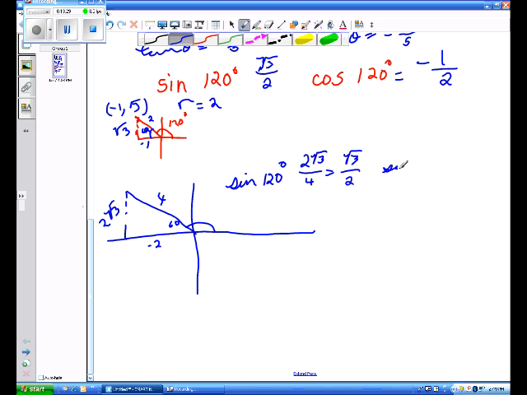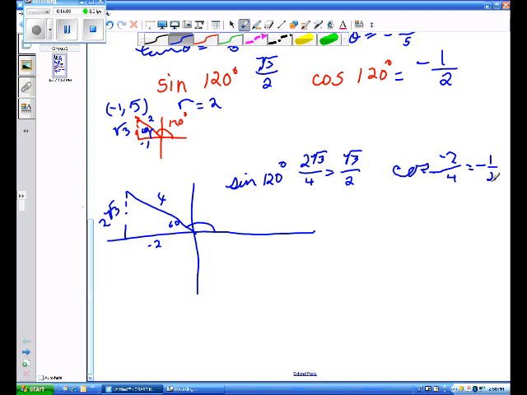The cosine would be negative 2 over 4, which reduces to negative 1/2.